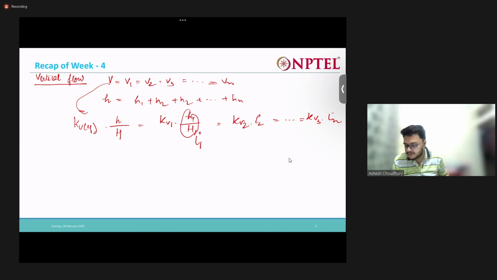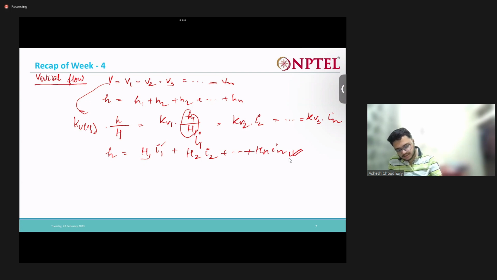Now my H is equal to H1 into i1 plus H2 into i2 plus dot dot plus Hn into in. This is the depth of each layer, and this is my hydraulic gradient.